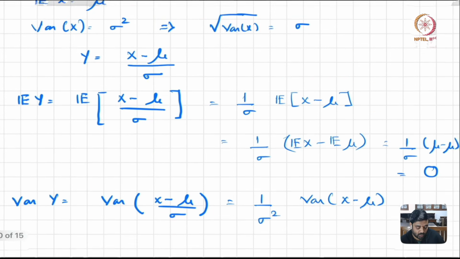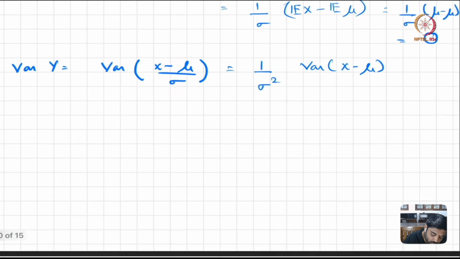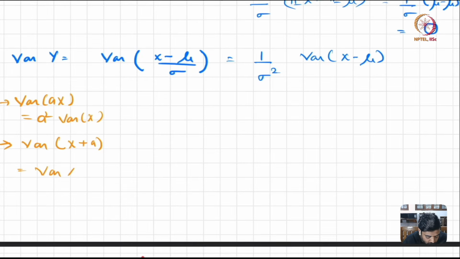Similarly, what I have used here is variance of ax equals a square into variance of x, and the other one that I am using is variance of x plus a equals variance of x. Now this is variance of x plus some constant, minus mu.